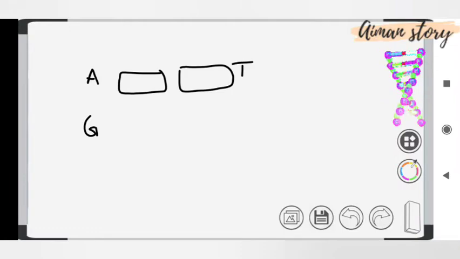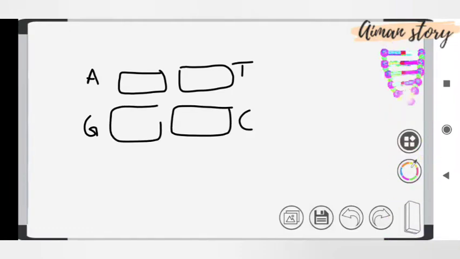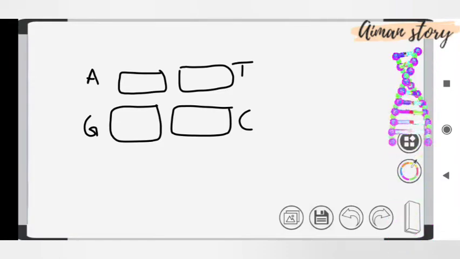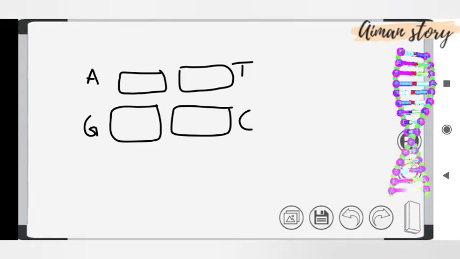Let's say this one is A, and then this one is T, and then this one is G and C. The nitrogenous base will pair with its complementary base. That means A is always pairing with T, adenine is always pairing with thymine, and guanine always pairs with cytosine.